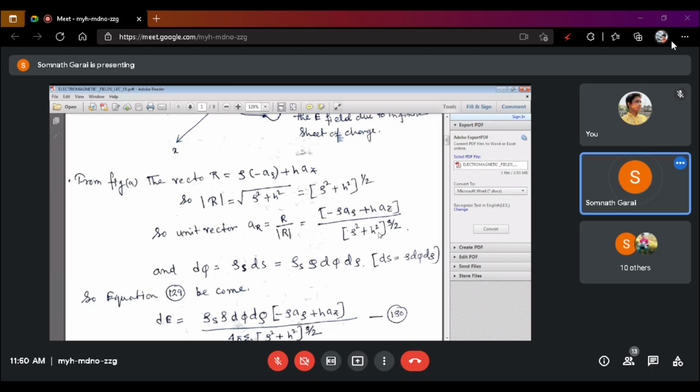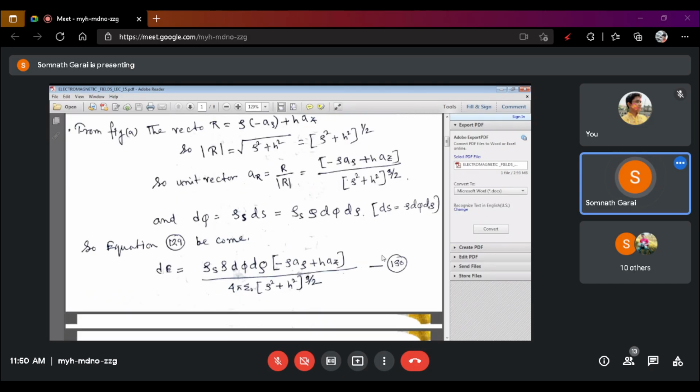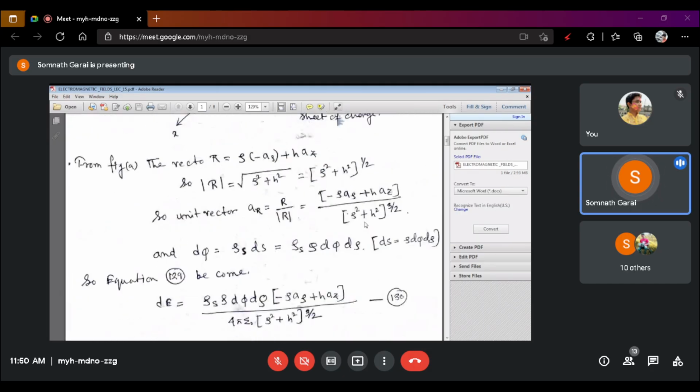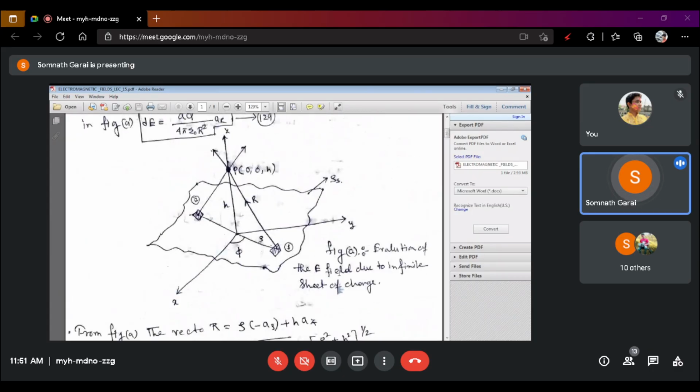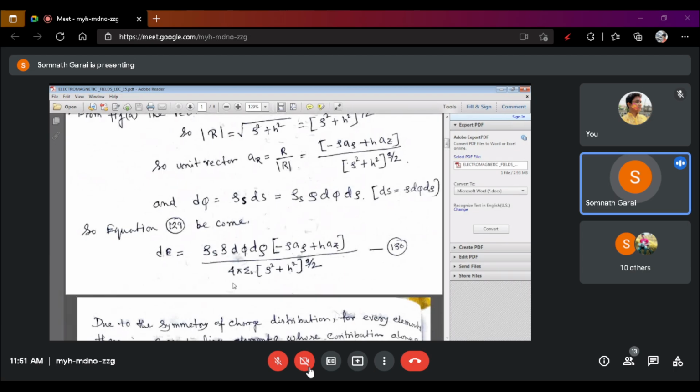Clear? Yes, sir. So equation number 129 becomes, in cylindrical coordinate format, dE equals rho s rho d phi d rho times minus rho a rho plus h az divided by 4 pi epsilon naught rho square plus h square to the power 3 by 2. That is equation number 130.